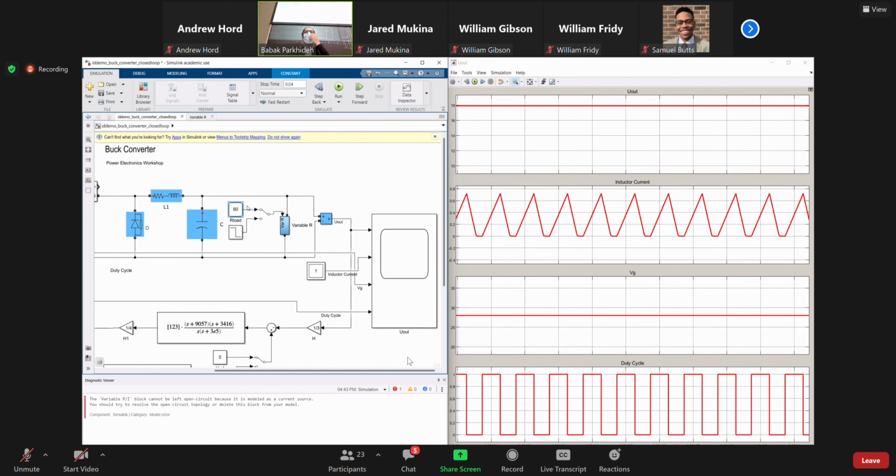And so discontinuous mode is the result of overloading the power converter. Don't get me wrong. So this is starting. We want to start analyzing this, and I'm just explaining when this may happen.